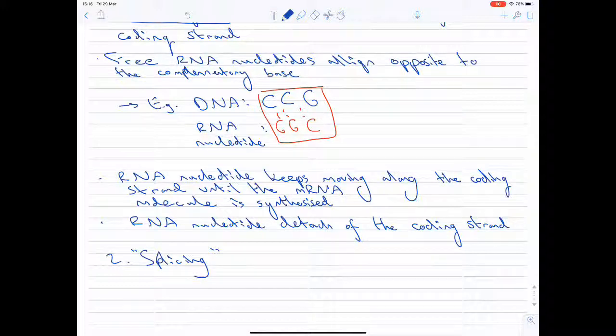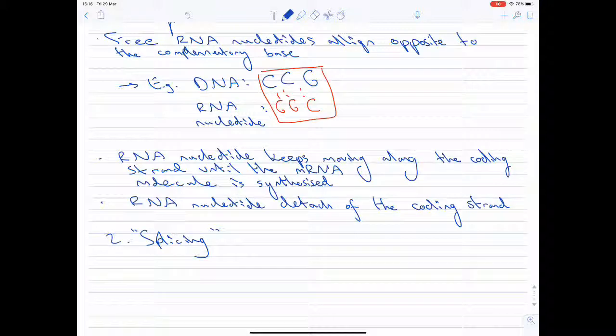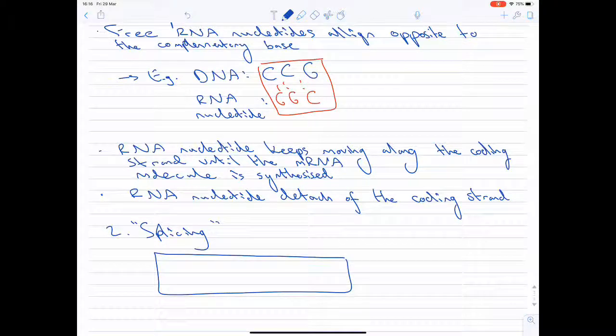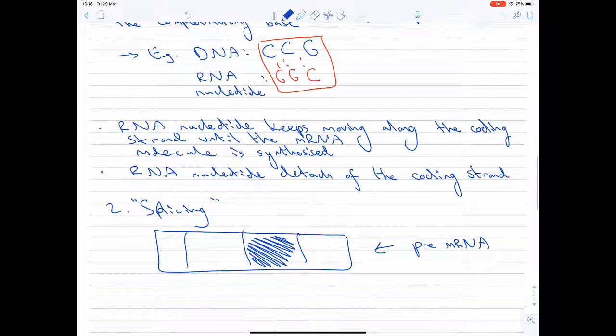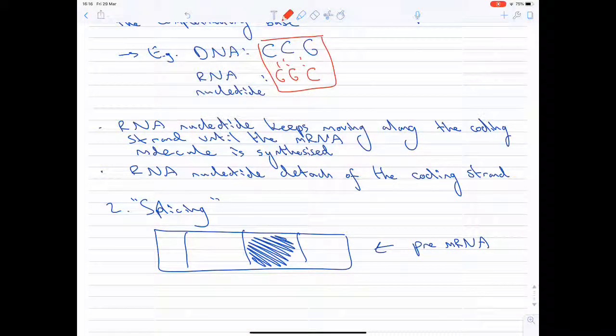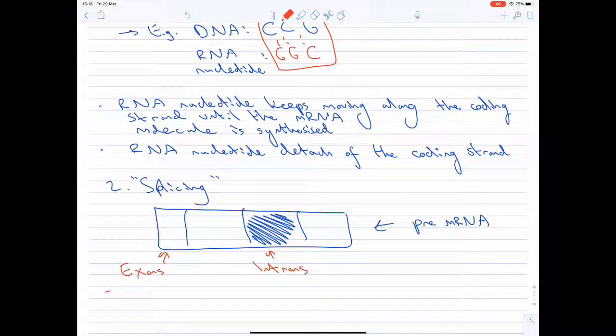So I'm now going to explain how we're going to approach this step. Imagine we've got the mRNA here, so that's actually pre-mRNA. You've got these sections here. I'm going to just highlight one of these. These are the ones which aren't coloured in. These are exons, and this is introns. So these are coding.